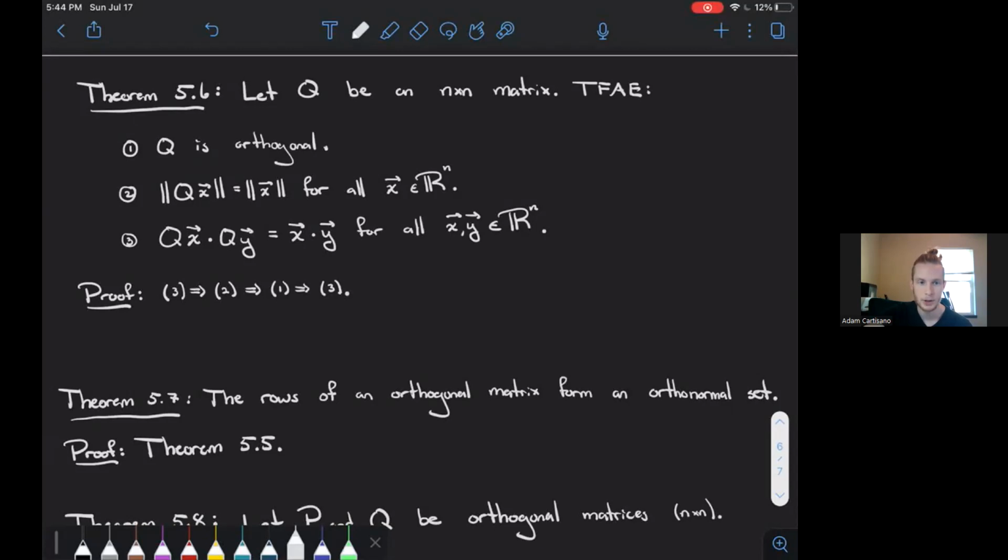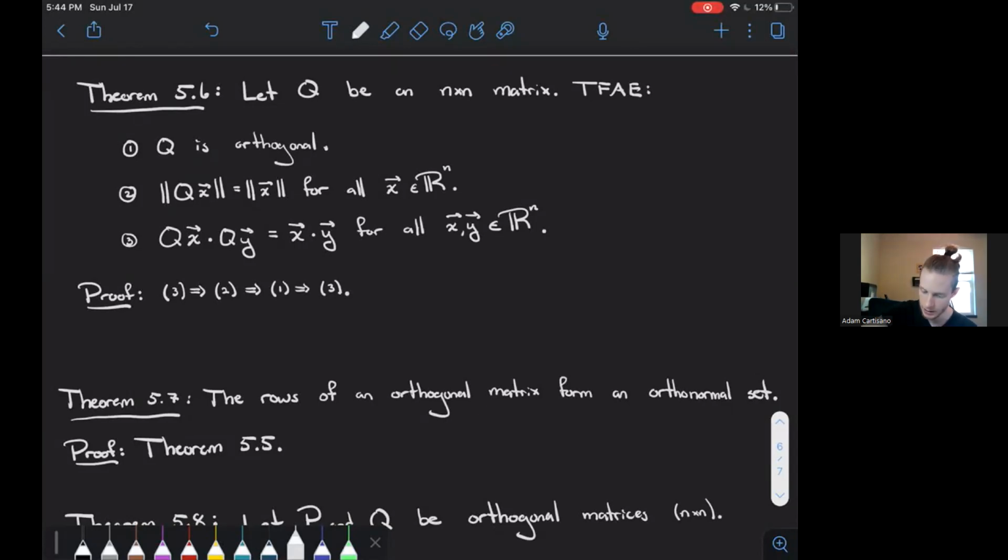Or, Q times X dot Q times Y is the same as X dot Y. So orthogonal matrices preserve dot products. You had X dot Y originally, then applying Q to X and Y, you preserve the dot product.